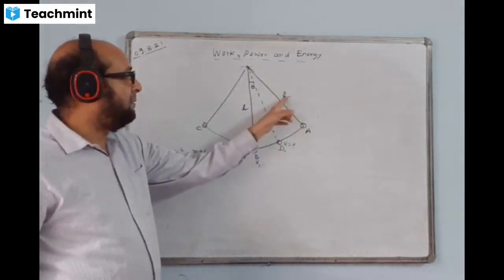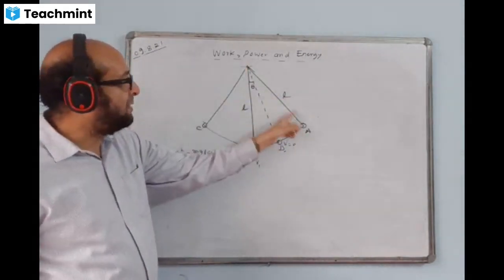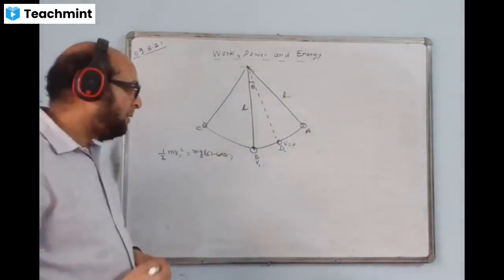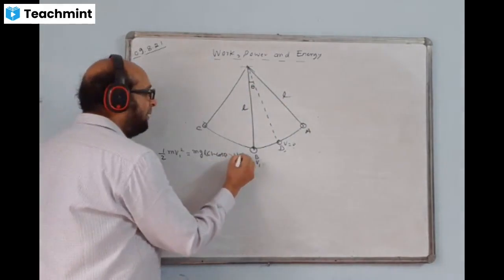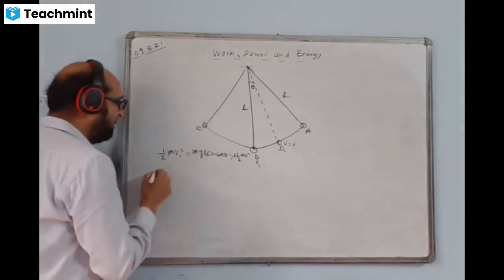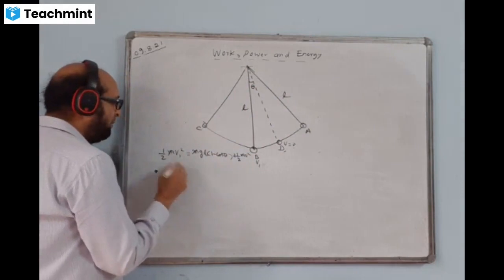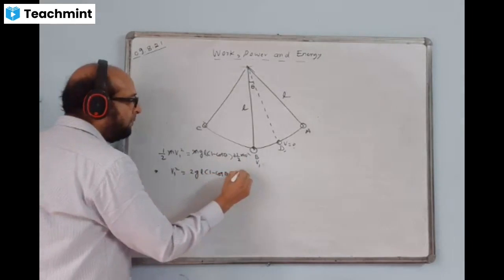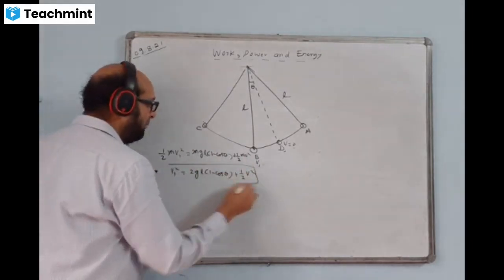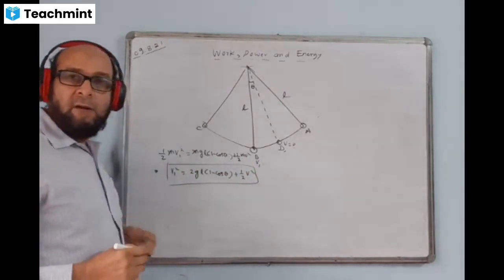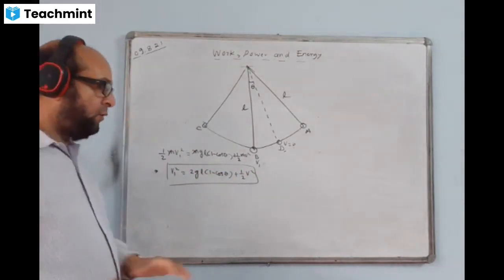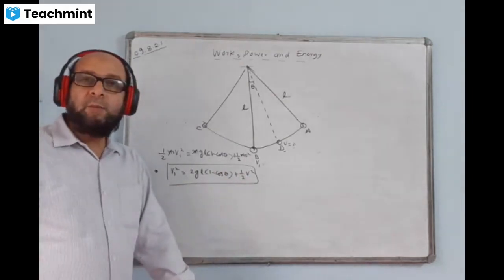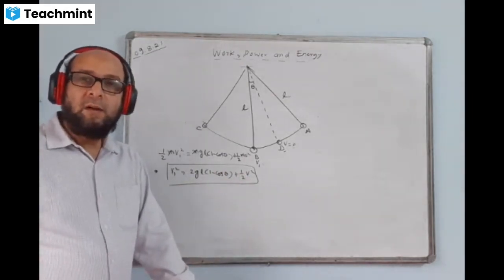But here it is L; the radius is the same as L, from here to this point the distance is L. Plus half mv square. M cancels. You get v1 square equal to, cross multiply, 2gL bracket 1 minus cos theta plus v square. This is the equation we will follow, and we will find the value of the unknown quantity. Usually v will be unknown, the velocity at that point, and we can find it out. Understood? Sir.